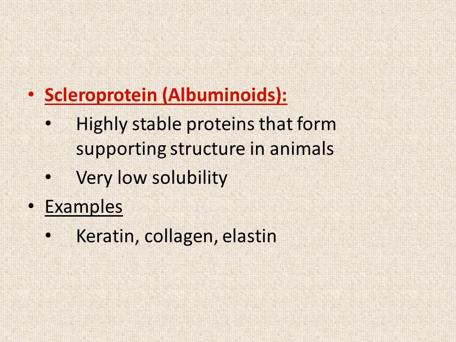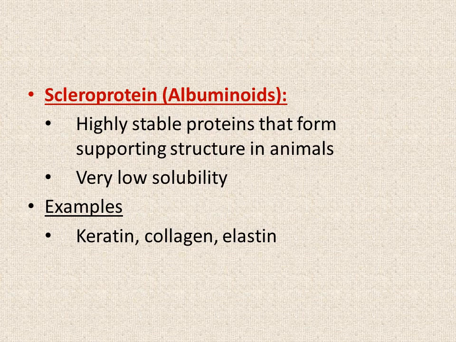Another type of simple proteins are scleroproteins, which are also known as albuminoids. These proteins are highly stable in nature, form supporting structures in animals, and have very low solubility in different types of solution. Examples include keratin, collagen, and elastin.